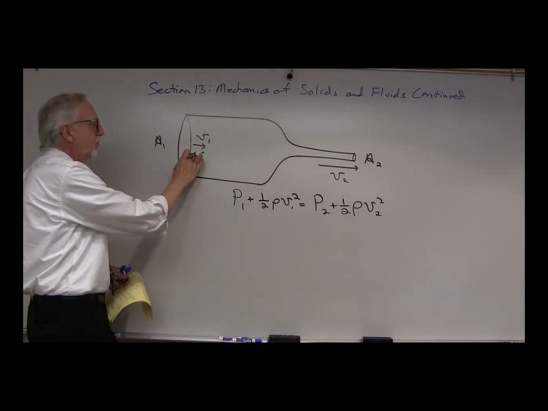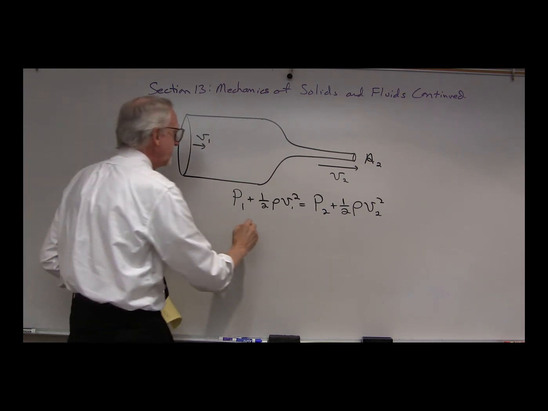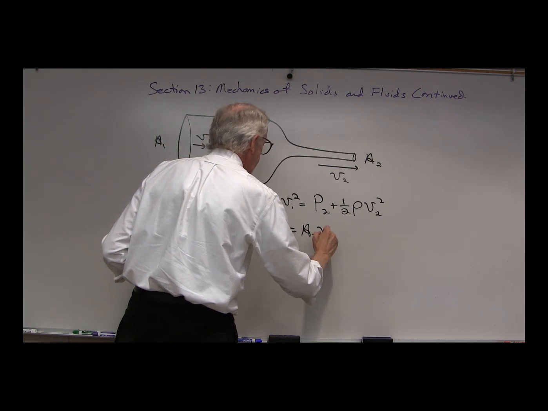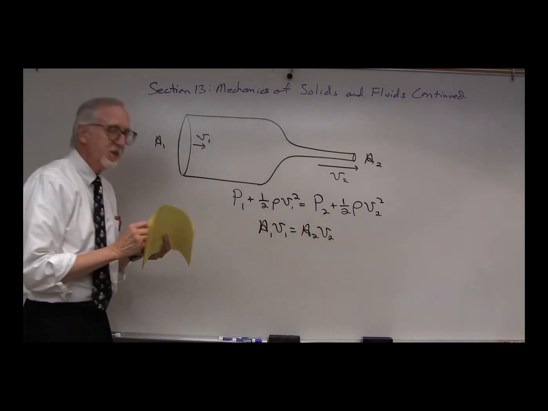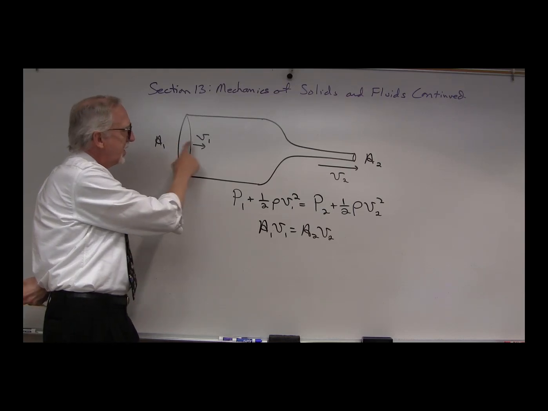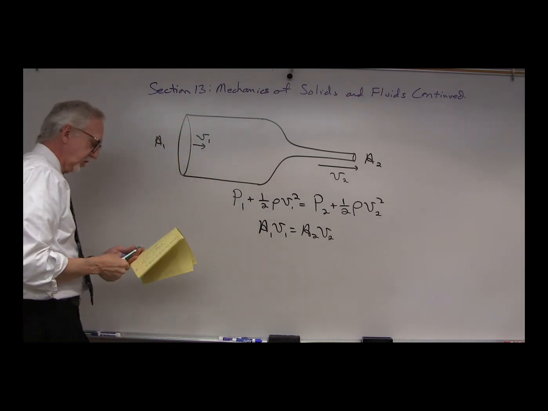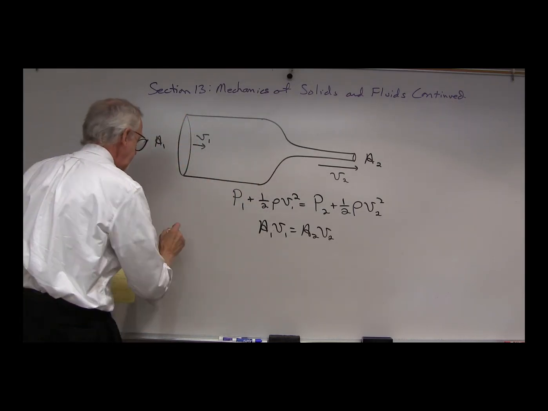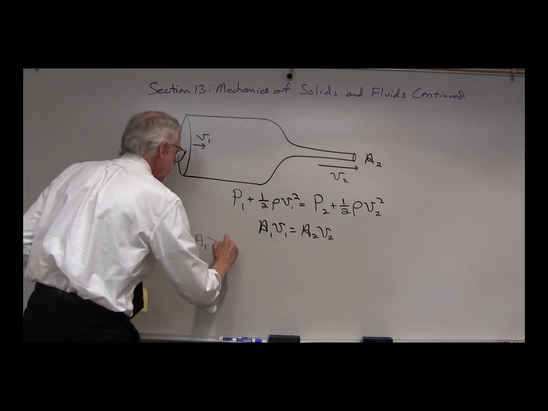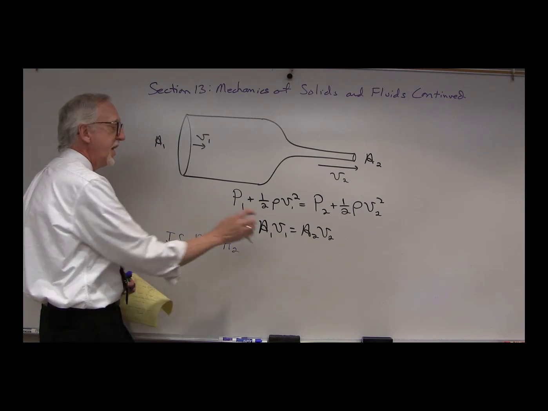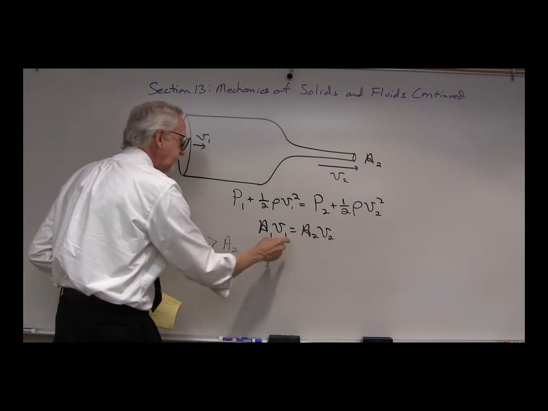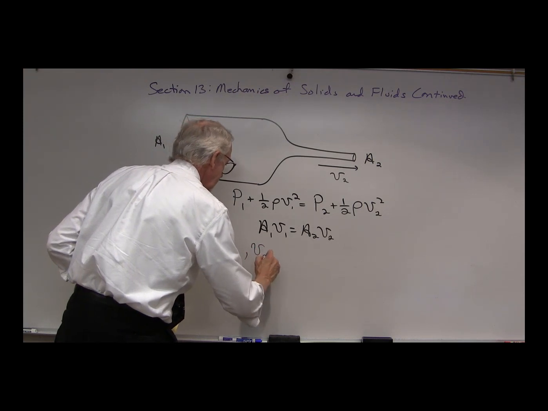But we know from the continuity equation that A1 V1 must equal A2 V2. So let's think about this. What does this tell us? If A1 is larger than A2, then V2 must be larger than V1.